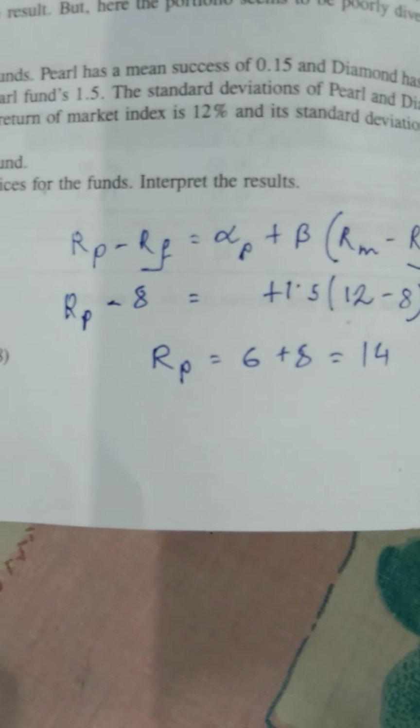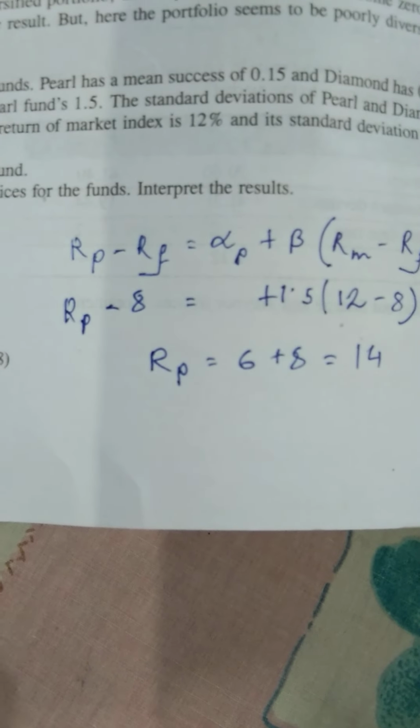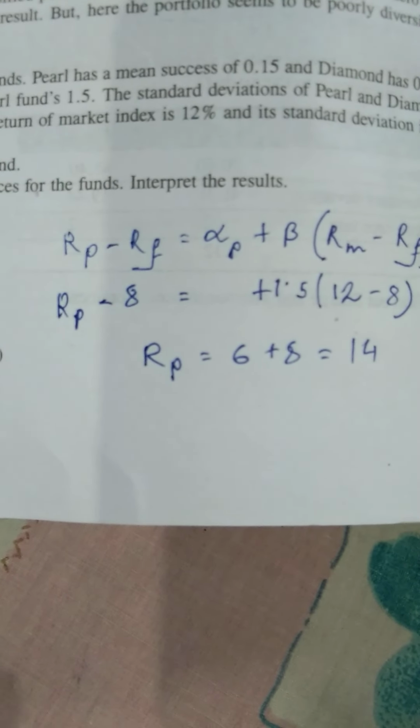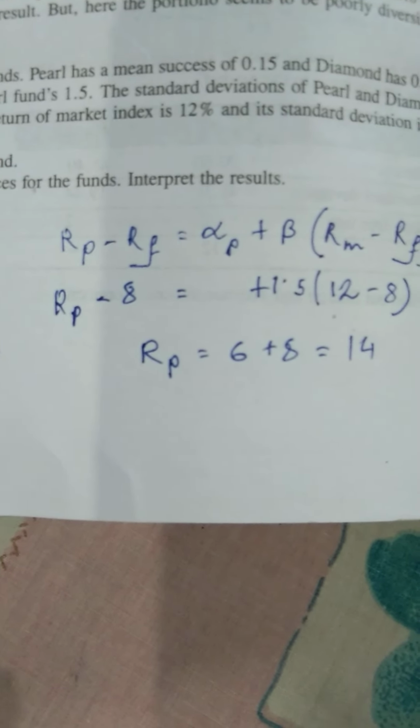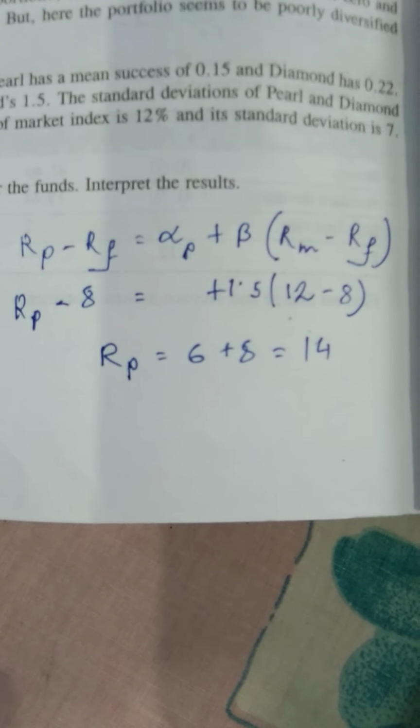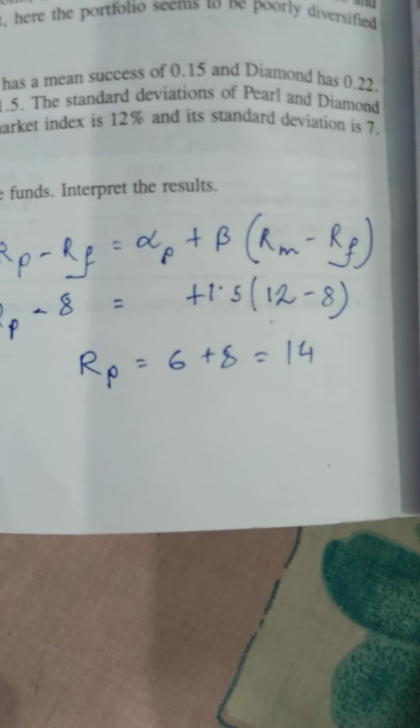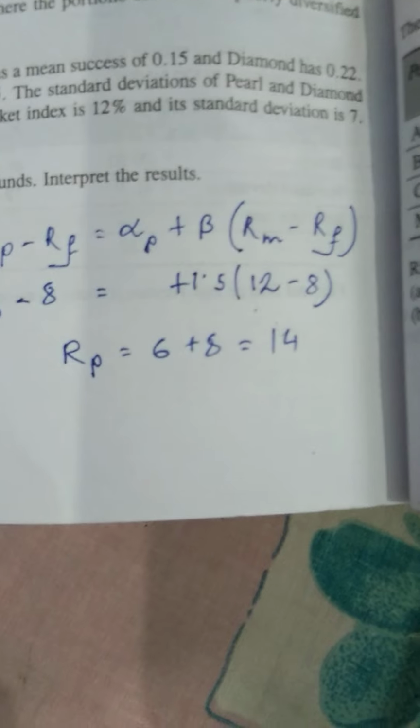Now RP, if we put it as 15, RF as 8, automatically it becomes 15 minus 8, 7. Now look at the right hand side, 12 minus 8, 4 into 1.5, 6. As we know, in case of an equation, the left hand side will always be equal to the right hand side. What we have got on the left hand side is 7.